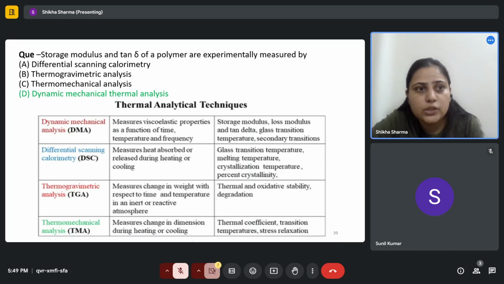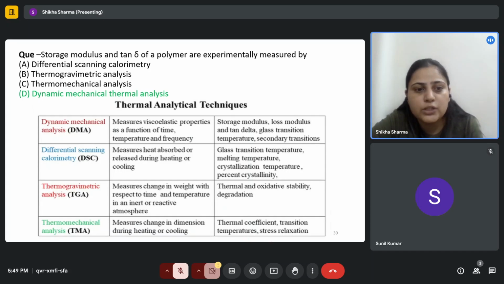The DSC, which is option A, is differential scanning calorimeter, and it helps to measure the heat absorbed or released during heating or cooling. It helps in calculating the glass transition temperature, melting temperature, crystallization temperature, and percentage crystallinity.